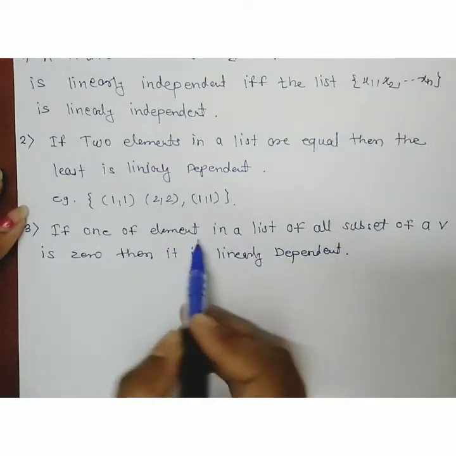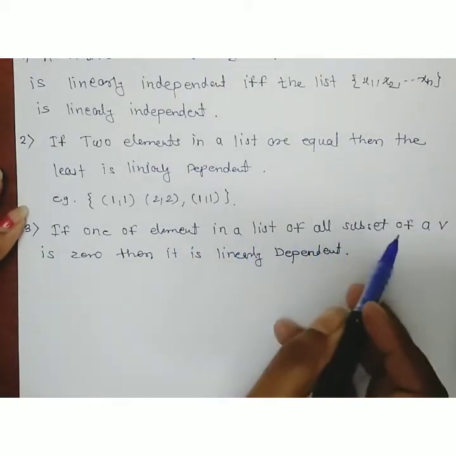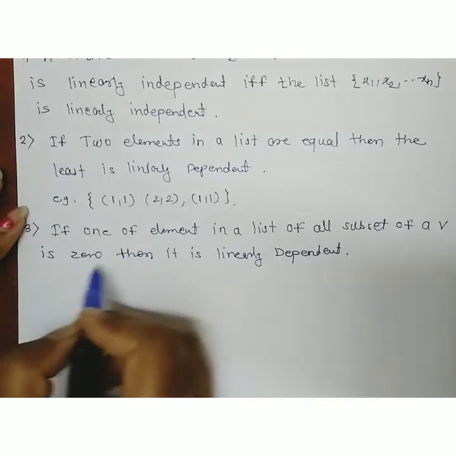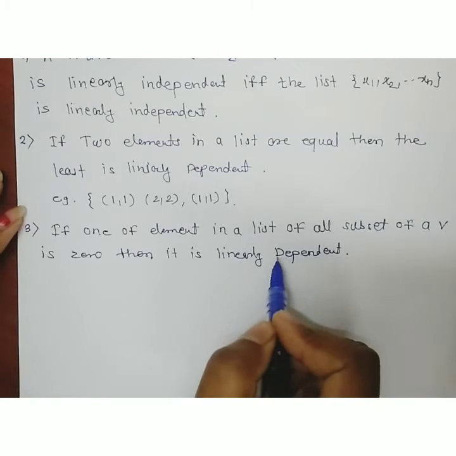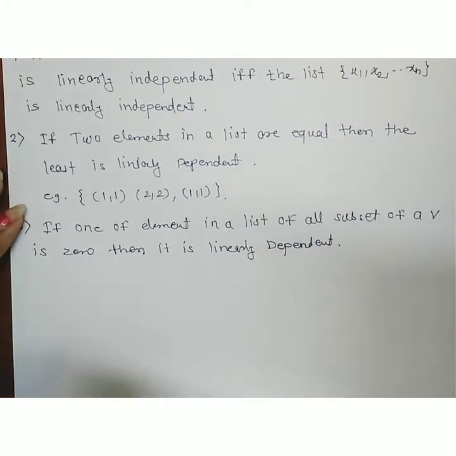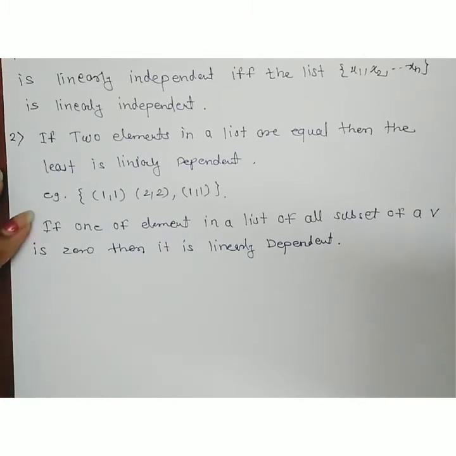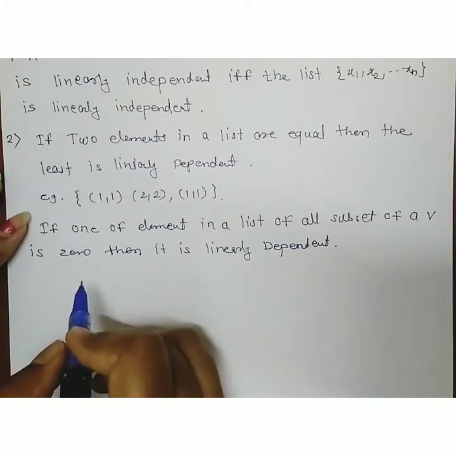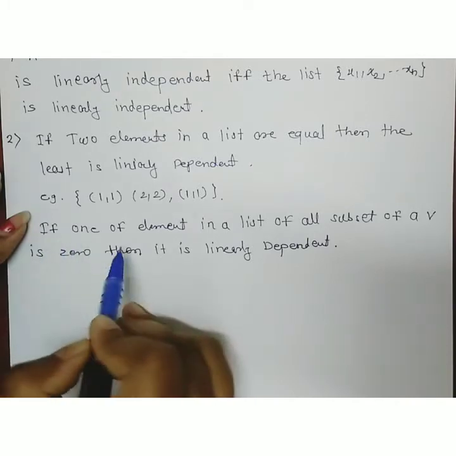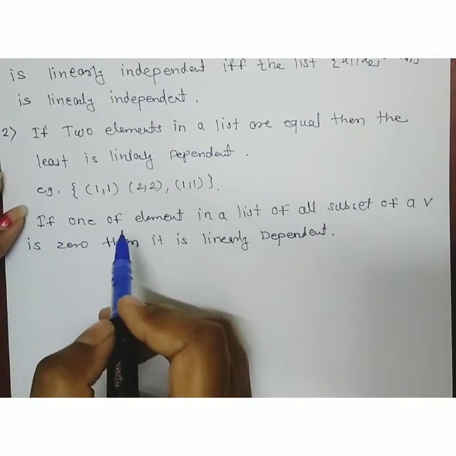We already discussed this property. If we have any set consisting of the 0 element, then this set is always linearly dependent. Why is it linearly dependent? If you multiply any scalar to that 0 vector, it still gives the zero vector, so a non-zero scalar gives a non-trivial combination equal to zero. So this set is said to be a linearly dependent set.